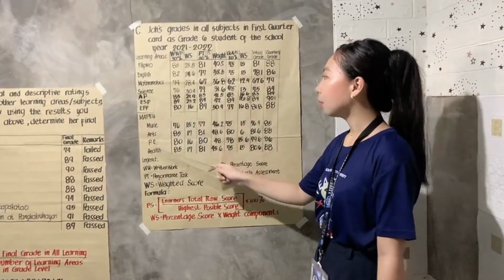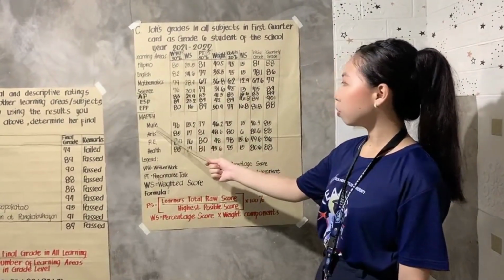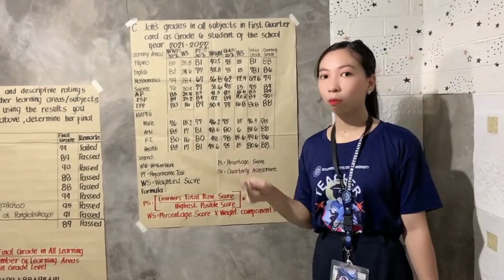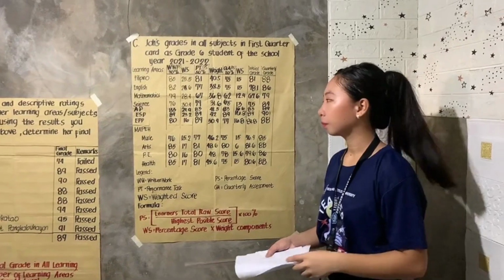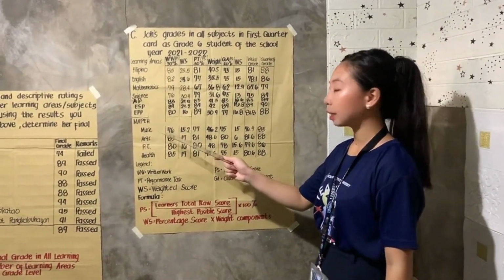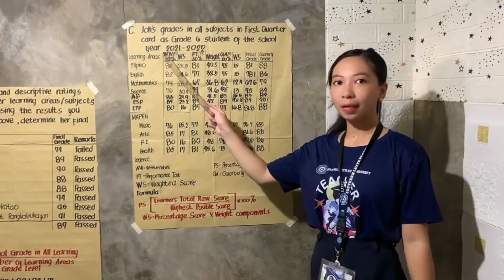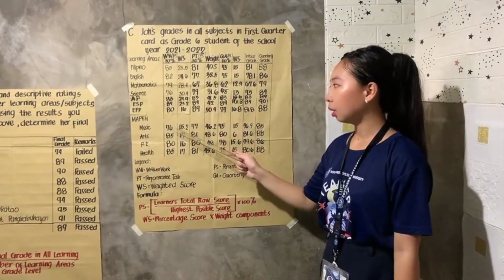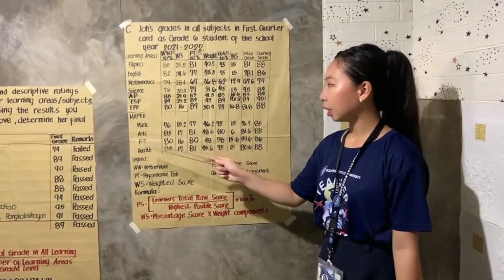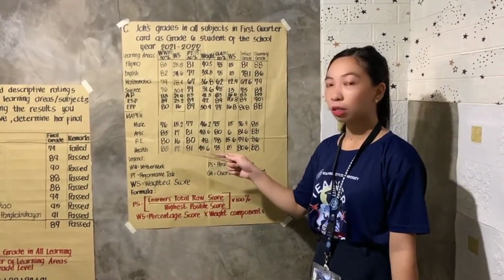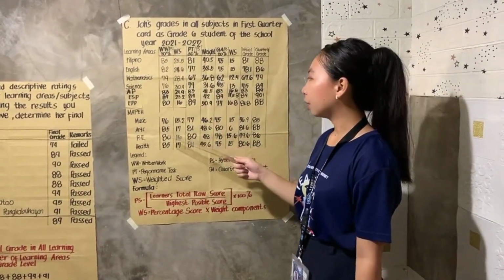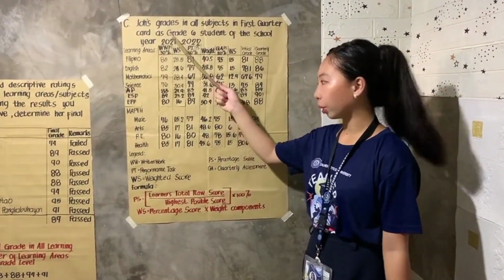In MAPE, in music, he got a 76 percentage score, multiplied by 0.30, he got 15.2 as a weighted score. In arts, he got 85 percentage score, multiplied by 0.30, he got 17 as a weighted score.